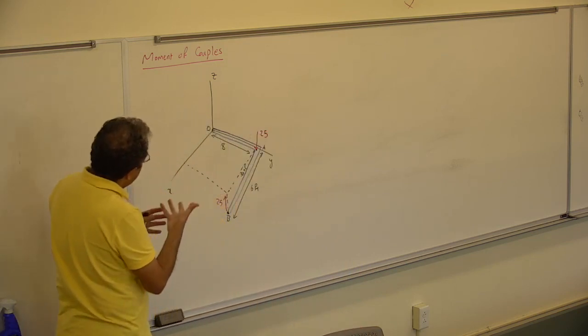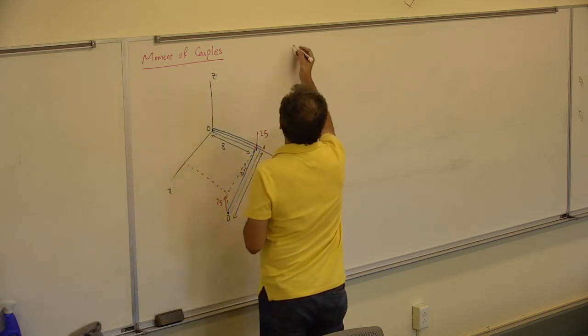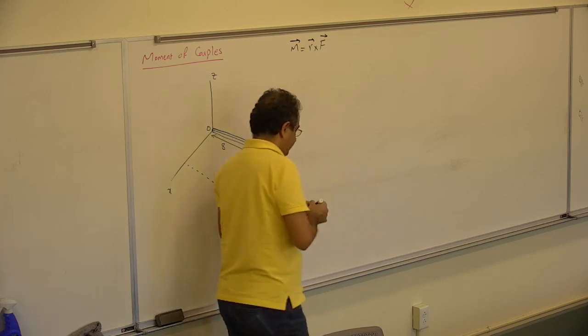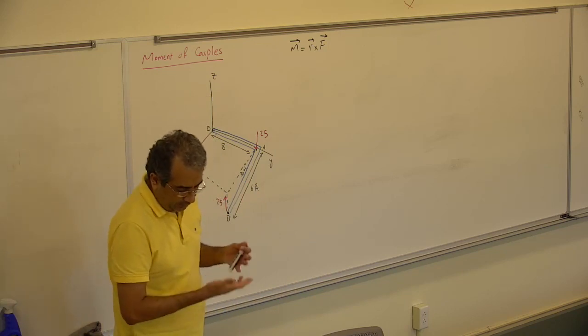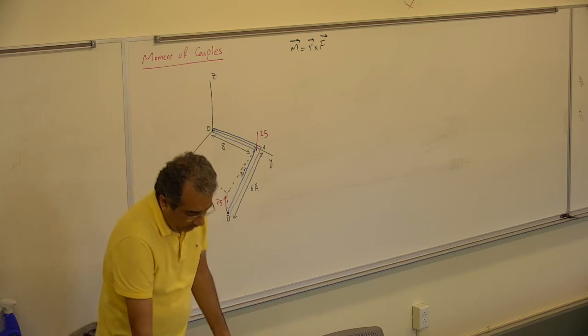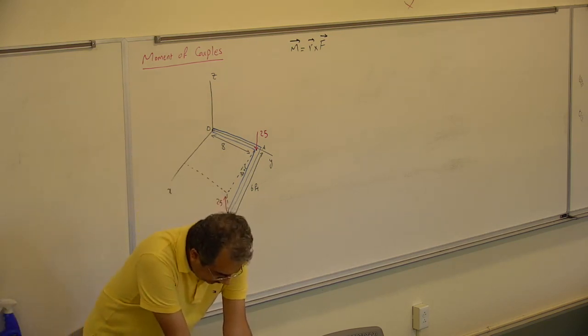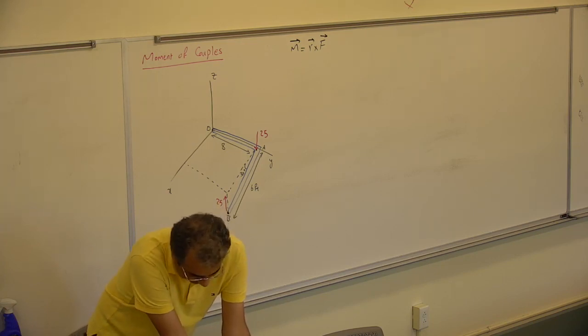So if we have this one and we want to find the moment of the couple again, in 3D, same thing, it's going to be R cross F. So in this case, if I want to calculate the moment, I have to find the R, I have to find the F. So the book did it in actually 3 methods.